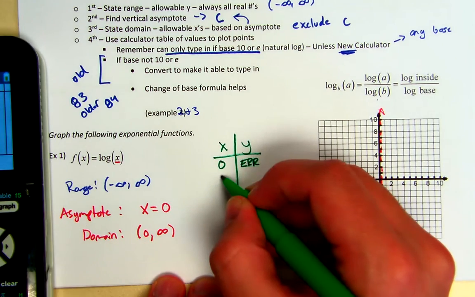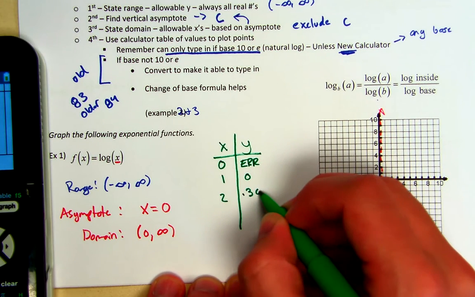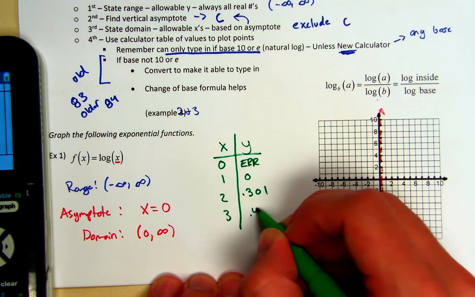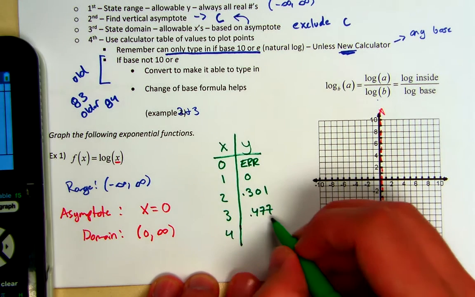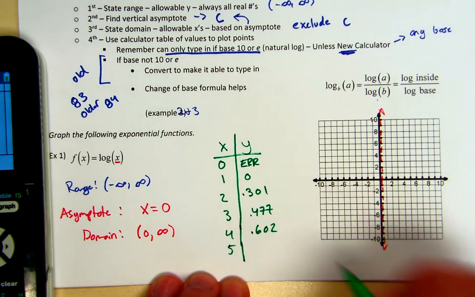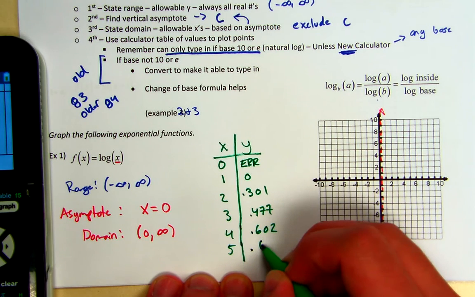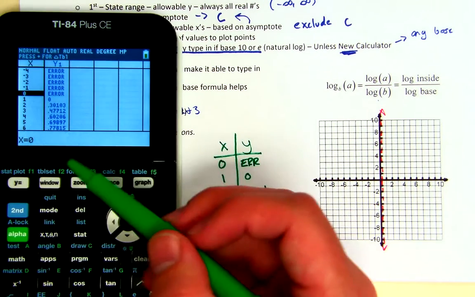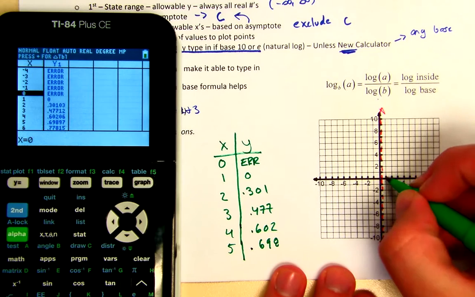Then I'll start with 1, that's 0. 2 gives 0.301, 3 gives 0.477, 4 gives 0.602, and one more point, 5 gives 0.698. Again, I took these straight off my calculator. Now let's plot them. So 1, 0, that's there.